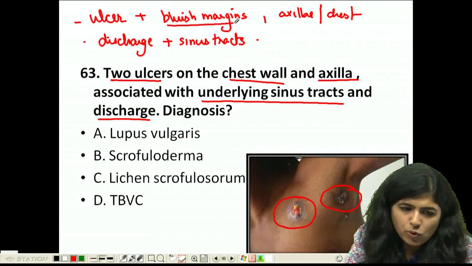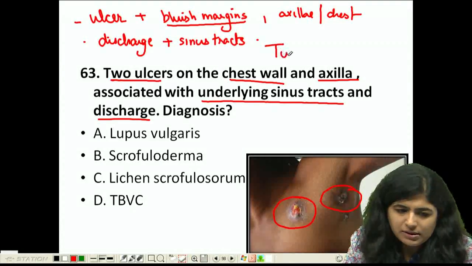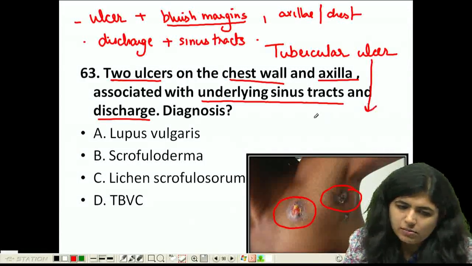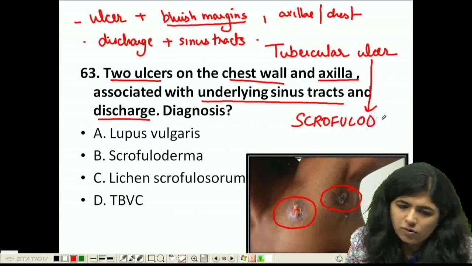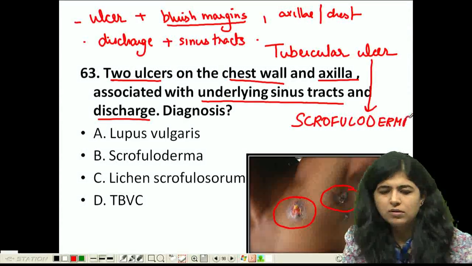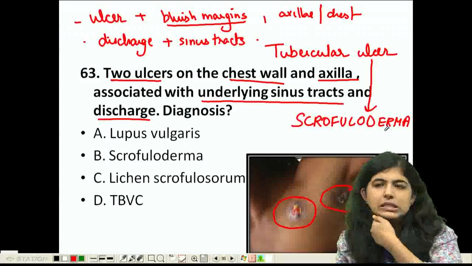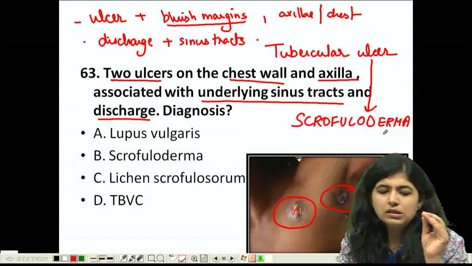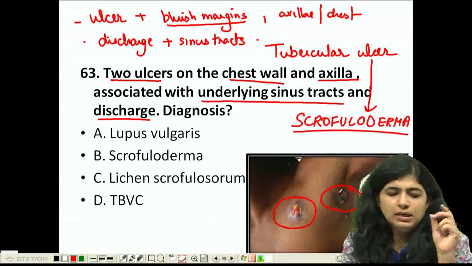If something has a bluish margin, then it is without doubt a tubercular ulcer. And the most common cause of a tubercular ulcer is scrofuloderma.